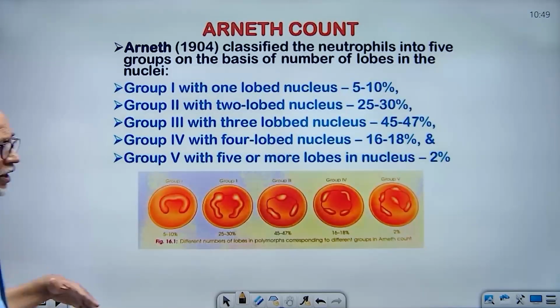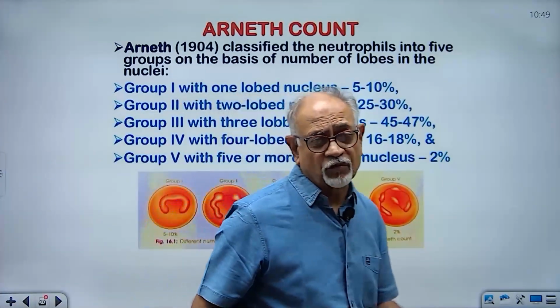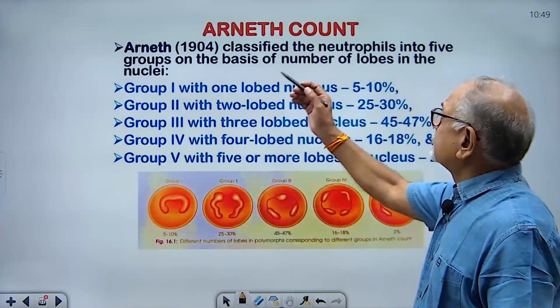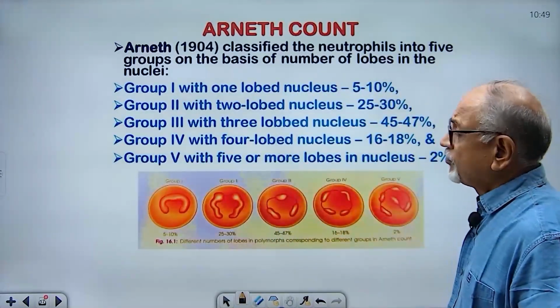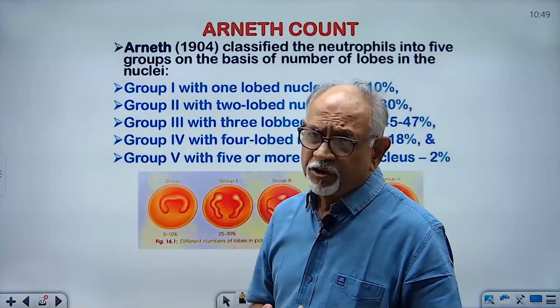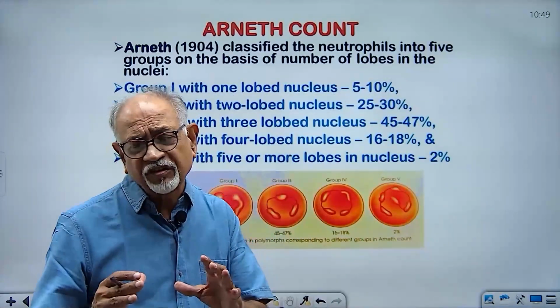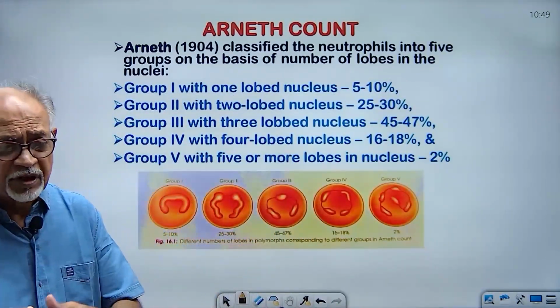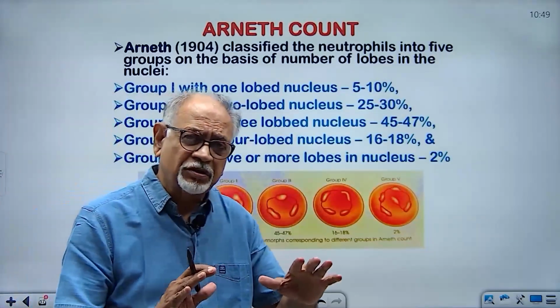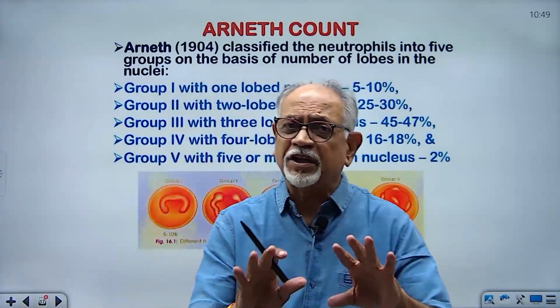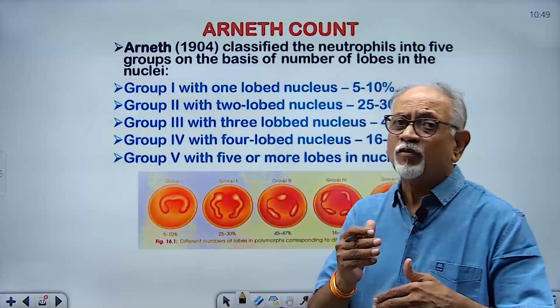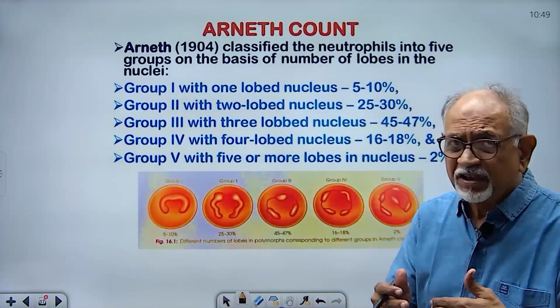Now here again the types of neutrophils. Arneth in 1904 classified neutrophils on the basis of number of lobes. As I just mentioned, as the neutrophil matures, the number of lobes in the nuclei increases.